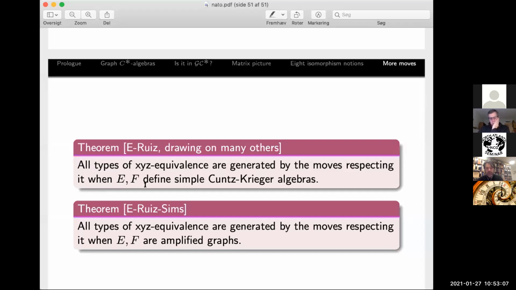And then the question is, how can you go from K-theory to that? That turns out to be quite complicated, because the more general kind of filtered K-theory that you would need here doesn't have nice homological properties.